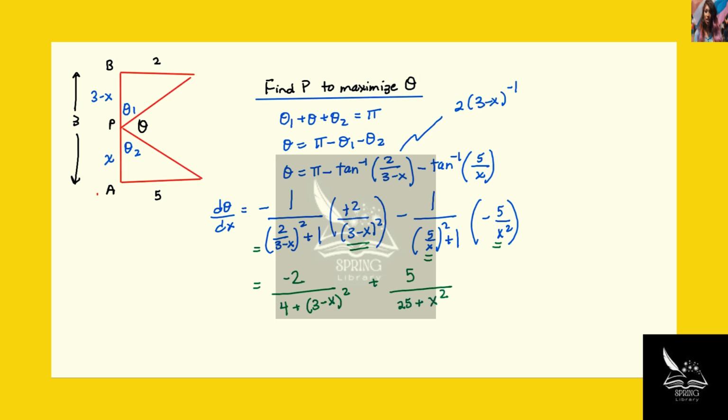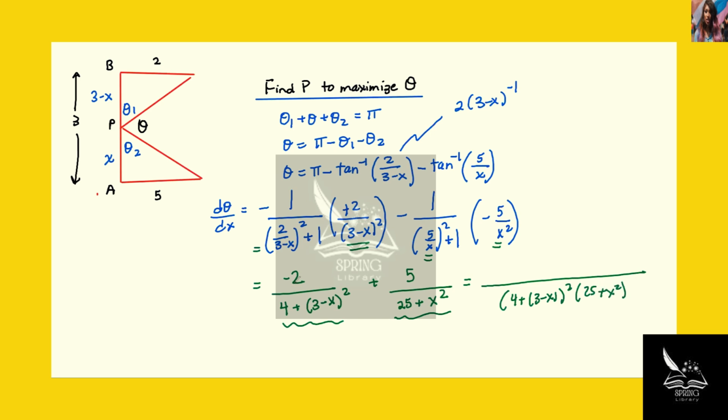But what's scary now is we're actually going to do a common denominator. On the left, I'm going to multiply by this denominator, top and bottom. And on the right, I'm going to multiply by this denominator, top and bottom. So the bottom will have this whole denominator multiplied together.